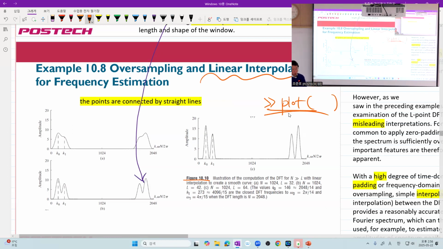But what is really shown is not related to linear interpolation, but the size of the window. If you use a rectangular window with longer and longer L, you have a very small width of the main lobe, which enables you to resolve these things. So if you see the parameters, N is fixed and L is increased. Got it?